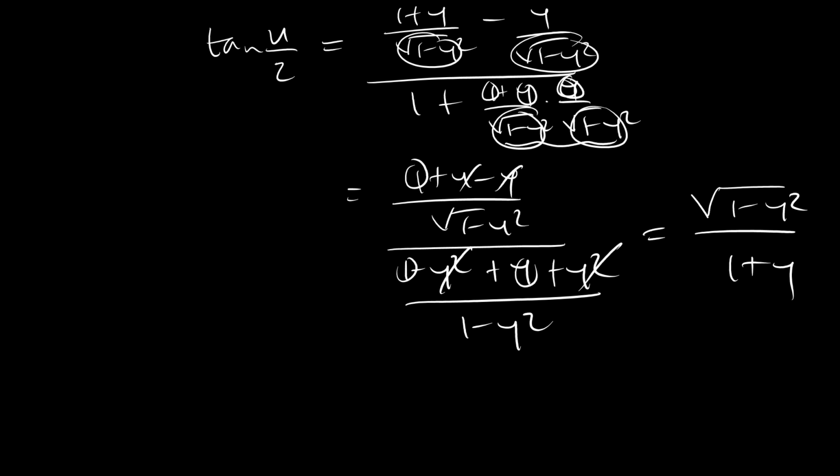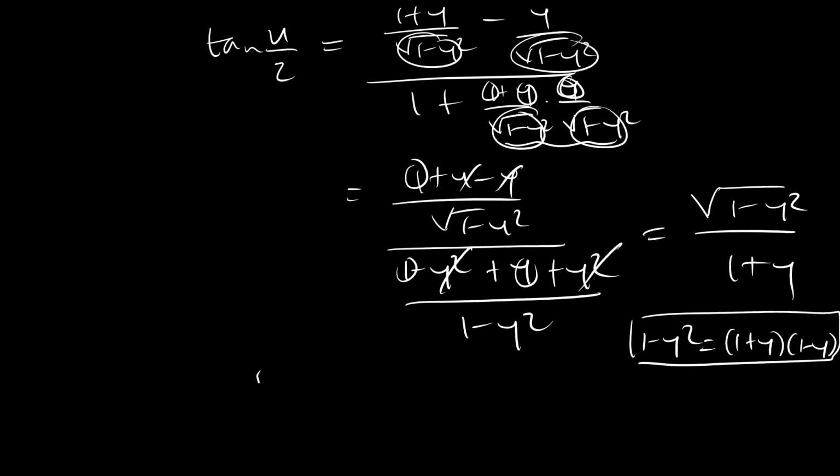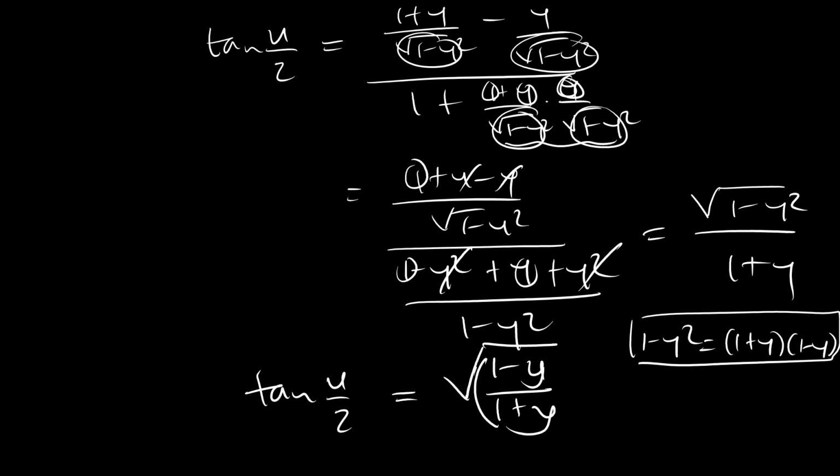Okay, and since 1 minus y squared is the same as (1 plus y)(1 minus y), it means that the tangent of u over 2 is the same as a big square root of (1 minus y) over (1 plus y).